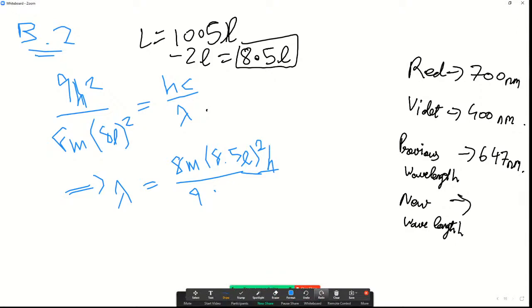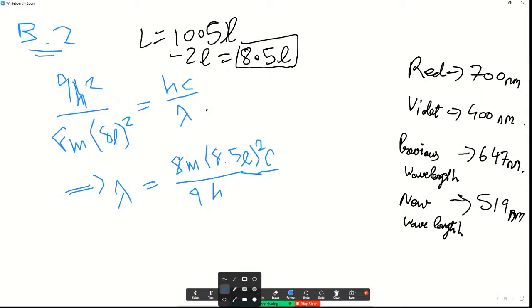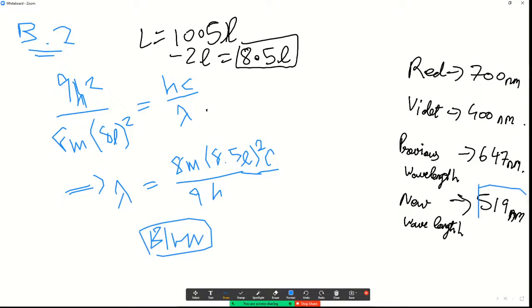Alright. So we get 518 nanometer, 519 nanometer. So then it gets bluer. Yes. Okay.